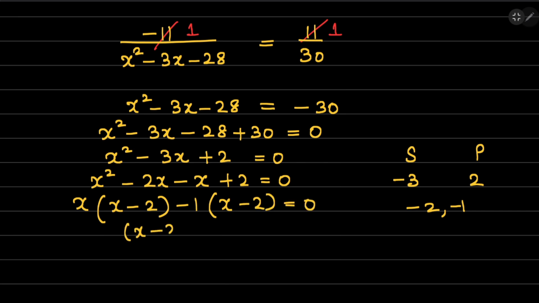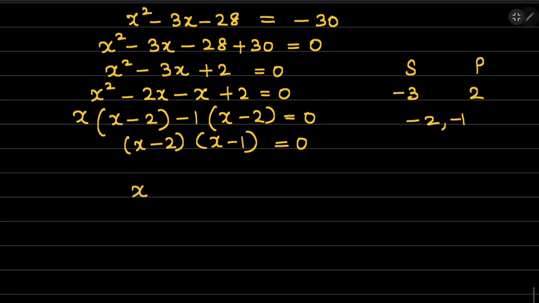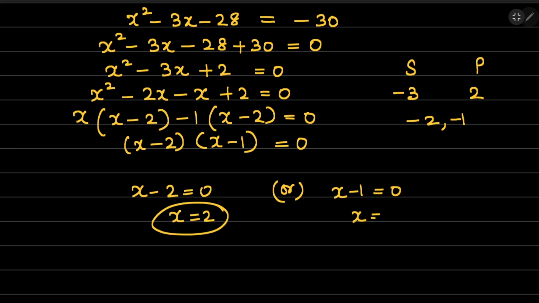So what are the factors? You have x minus 2 and x minus 1 equal to 0. So either x minus 2 equal to 0 or x minus 1 equal to 0. So x is equal to 2 is one of the roots and x is equal to 1 is the other root.